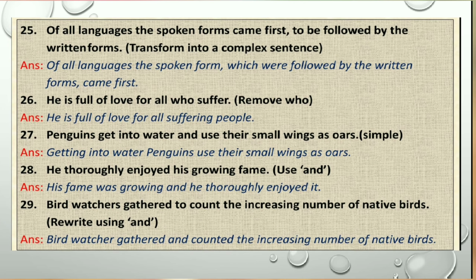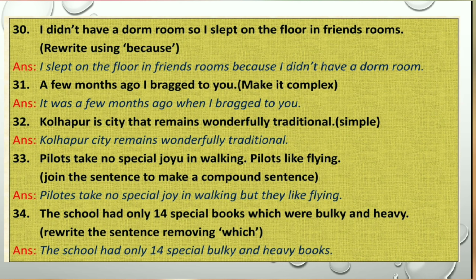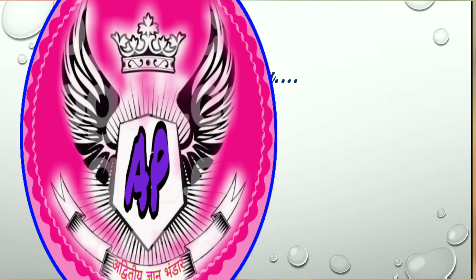Now just remove who, or make simple, use and, or transform into a complex sentence. Such kinds of instructions are given in the question paper. Now rewrite using because, rewrite the sentence removing which, join the sentences to make a compound sentence. Such kinds of instructions will be given to you.